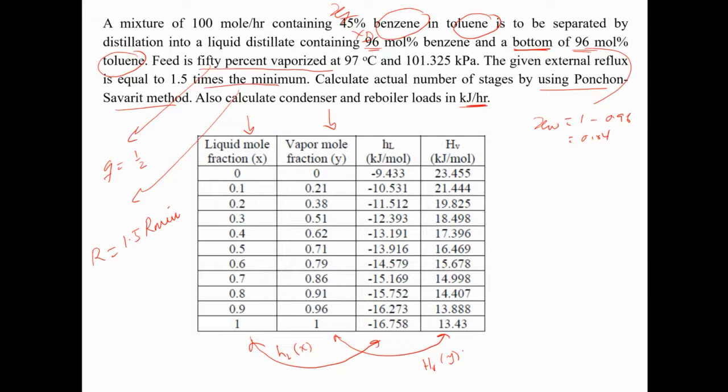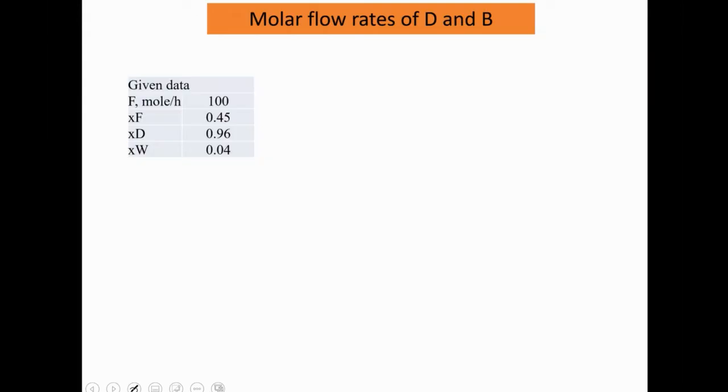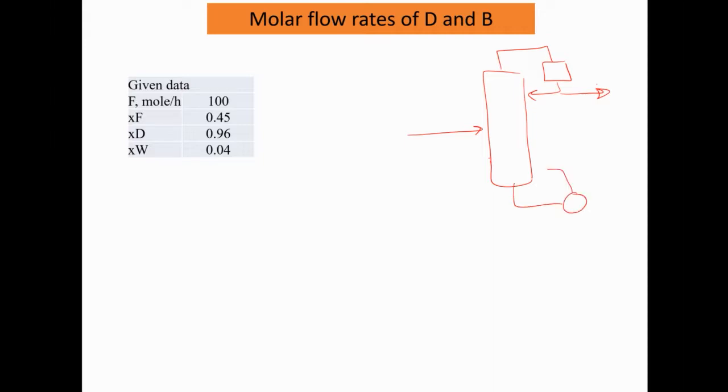As you know, we have to get the minimum reflux ratio first. Before we can do that, we have to calculate the molar flow rates. So if we go back here, these are the given information. You have the feed flow rate, a distillation column, and the reboiler and total condenser.